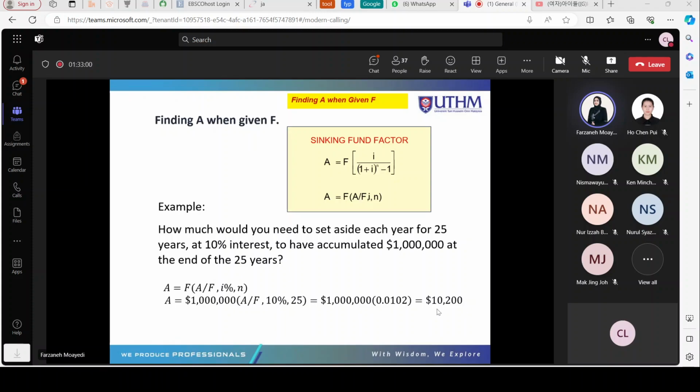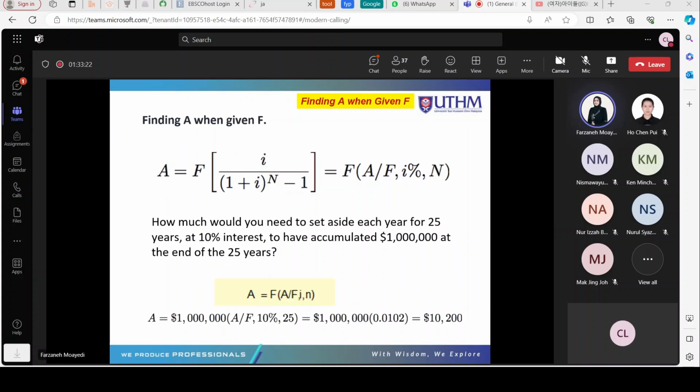So it means that if you save 10,200 every year for 25 years, after 25 years, if your account is earning 10% interest, you will have 1 million. That's basically just the meaning.